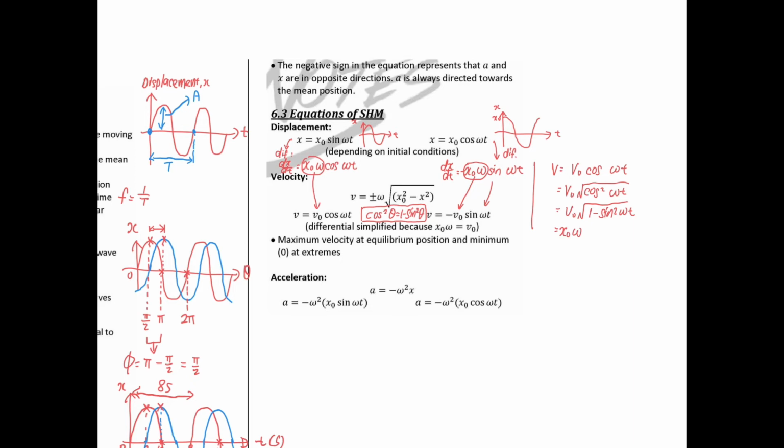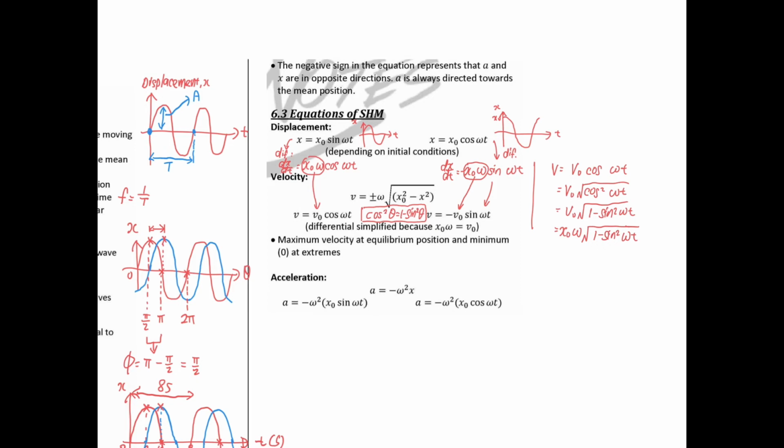So I put it back here, then square root of 1 minus sine square omega t.